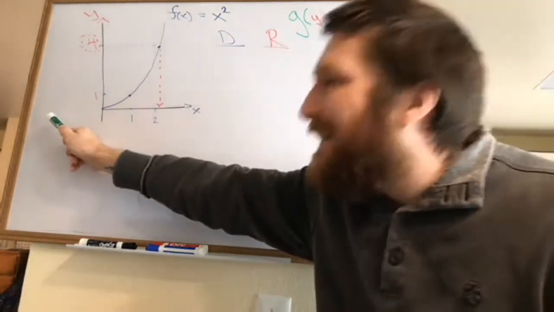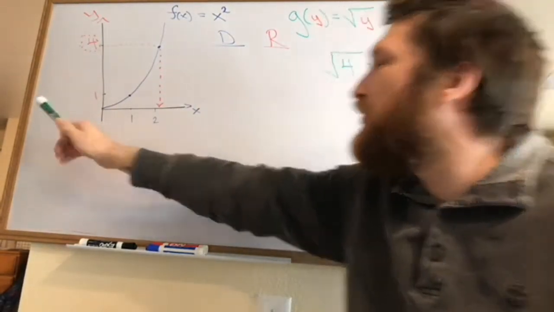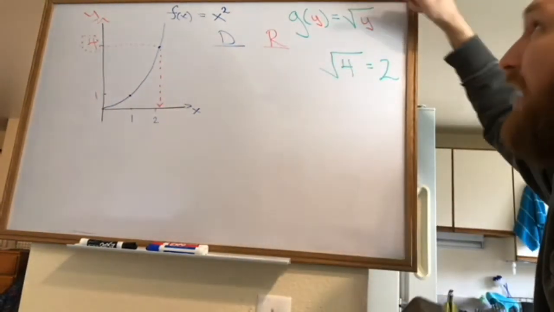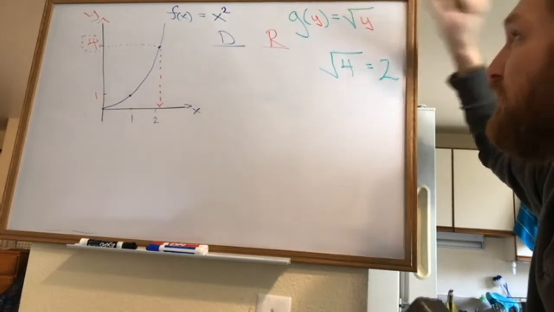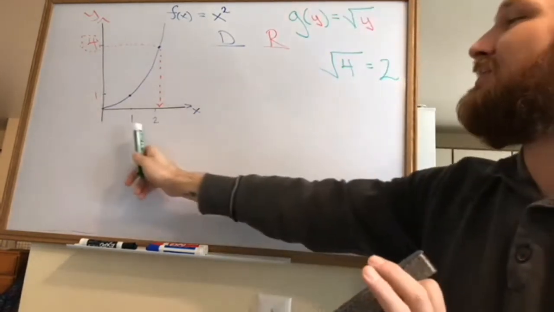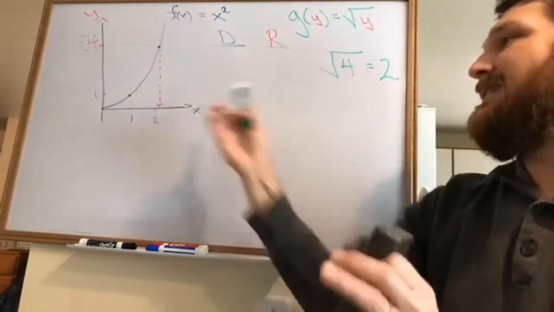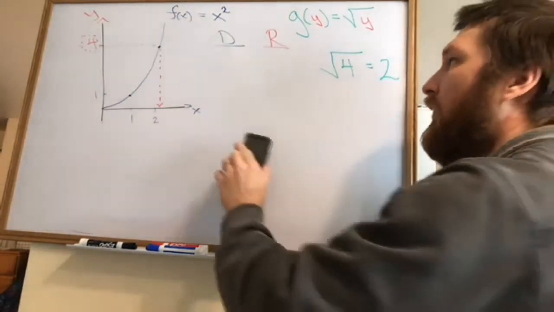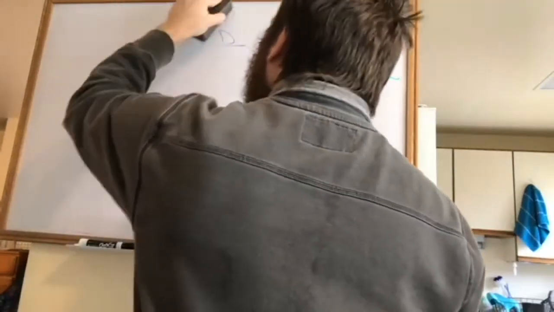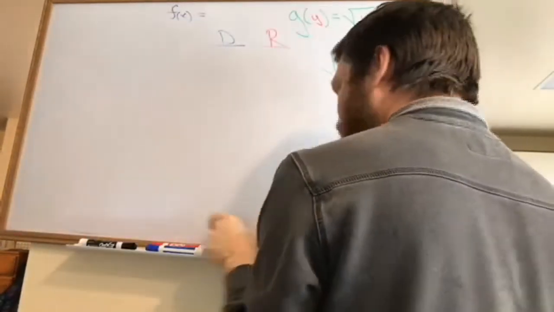We understand that there's also a negative one that's true, but whenever you see this sign, it's called a radical. Whenever you see this radical, we understand that what we're talking about is just the positive place that it came from.